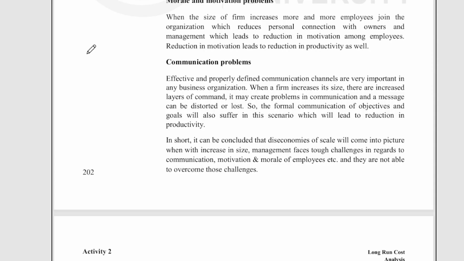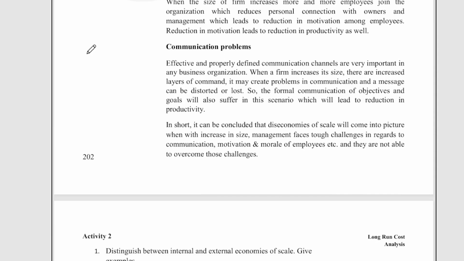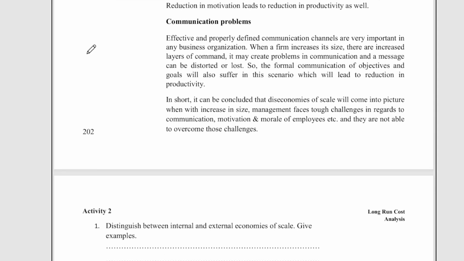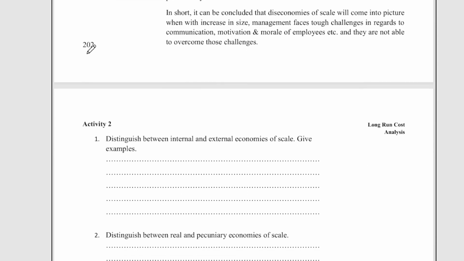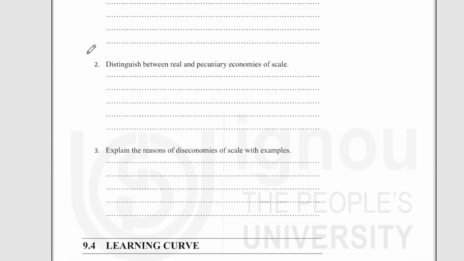And when a firm increases its size, there are increased layers of command. It may create problems in communication, and a message can be distorted or lost, so the formal communication of objectives and goals will also suffer in this scenario, which will lead to reduction in productivity. And activity 2 is here based on this subsection, so try to do it and it will help you.